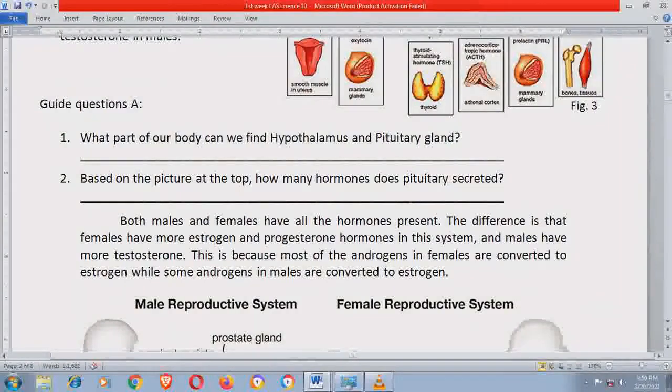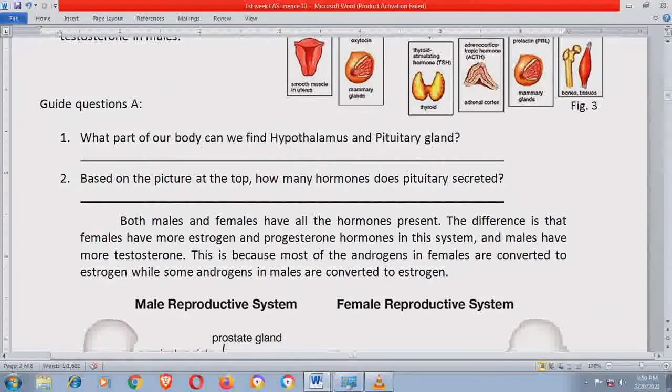Now, both males and females have all the hormones present. The difference is that females have more estrogen and progesterone hormones in this system, and males have more testosterone. This is because most of the androgens in females are converted to estrogen, and some androgens in males are converted to estrogen.